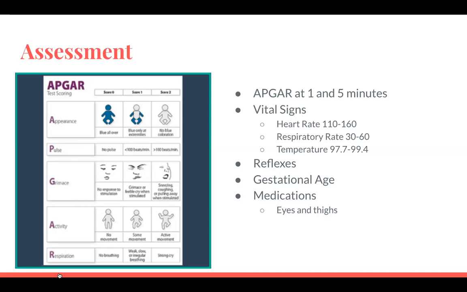And then meds, the only medications you're going to give them are the erythromycin, vitamin K, and the hepatitis B. The erythromycin protects their eyes. If the mom has any type of STD, that would really impact the baby if they did not have the erythromycin. Vitamin K helps with their blood formation, and hepatitis B you just want to give immediately at birth.